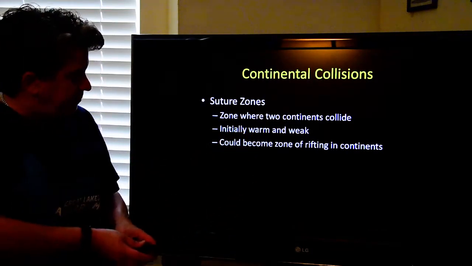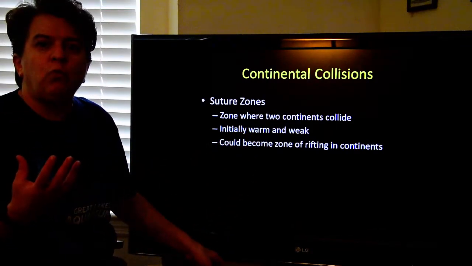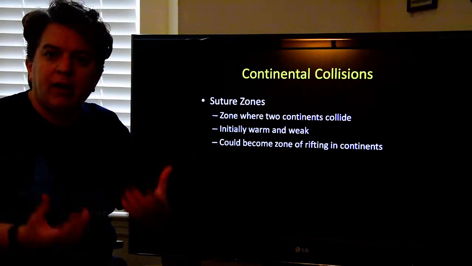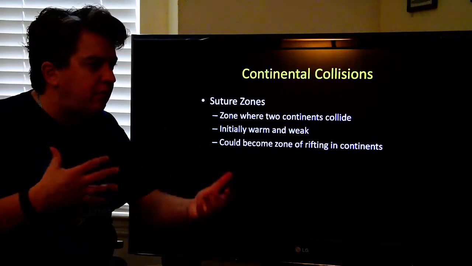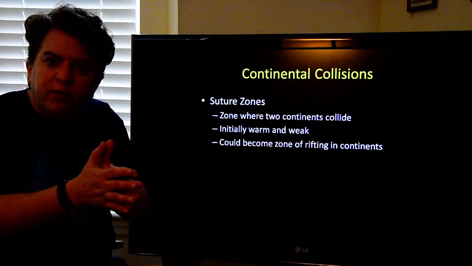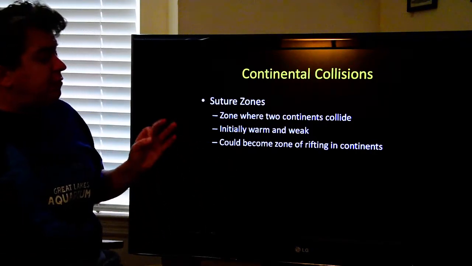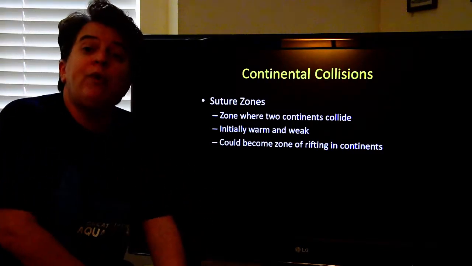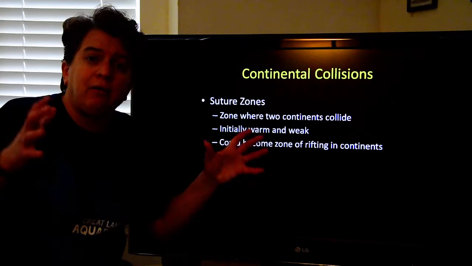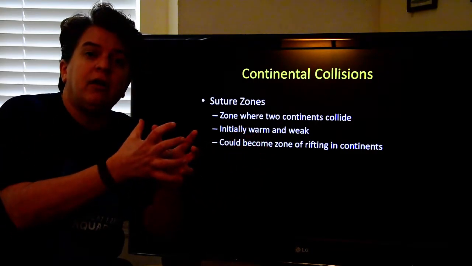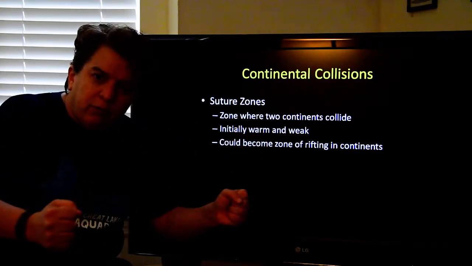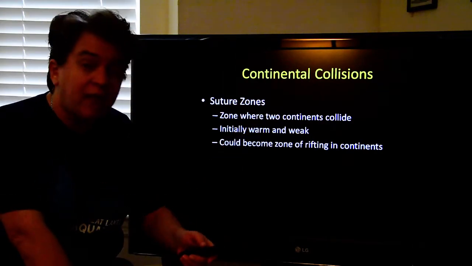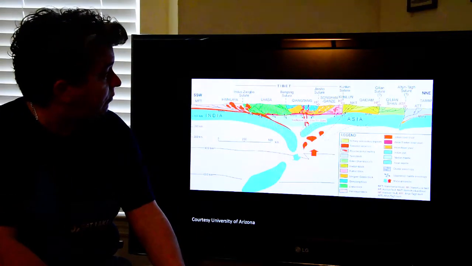And initially, these are going to be warm and weak because we do have all those forces, and we might have a little bit of melting in some areas, and it's not going to be the strongest place where they've joined. So sometimes these end up as weak areas where after we have that collision, then we rift things and break things apart again. That does sometimes happen along these suture zones.